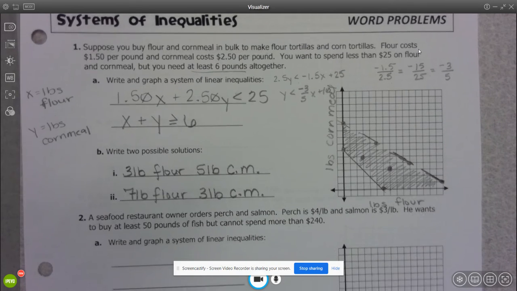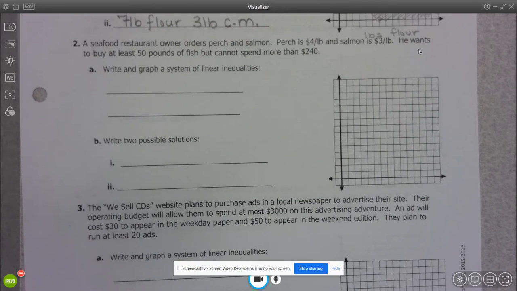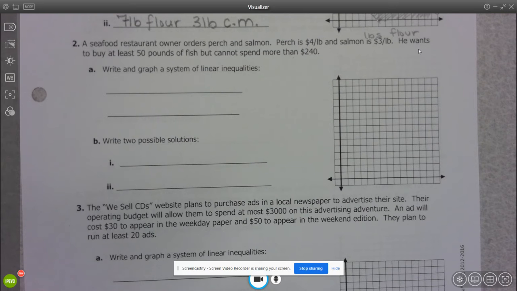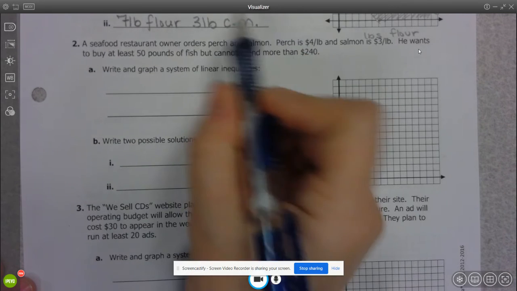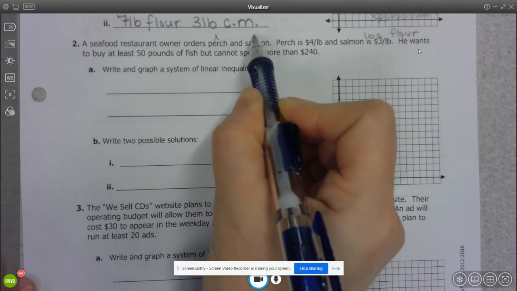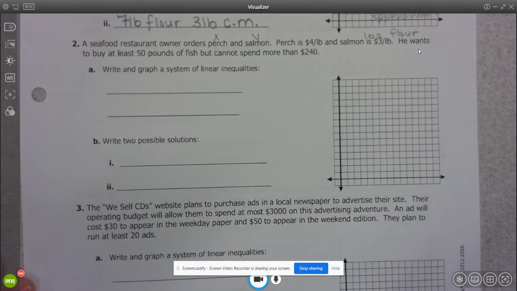All right, here we go on to the next one. We're purchasing perch and salmon, which are both types of fish. He wants to buy at least 50 pounds of fish, but cannot spend more than $240. So I'm going to label X as perch and Y as salmon.